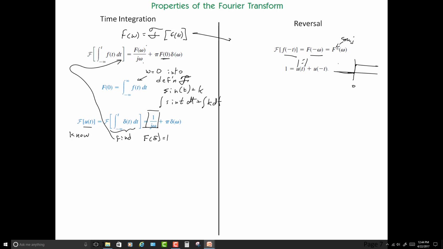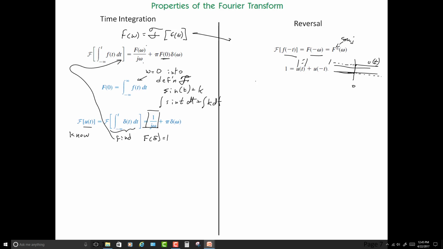And here's u of t we know. So that's u of t. And u of minus t is going to be the flip of this. So I'll just do this. And if I add those two, I get the constant 1. That's what's being expressed there.